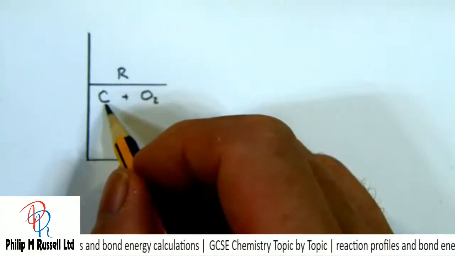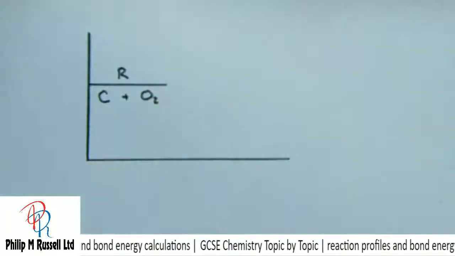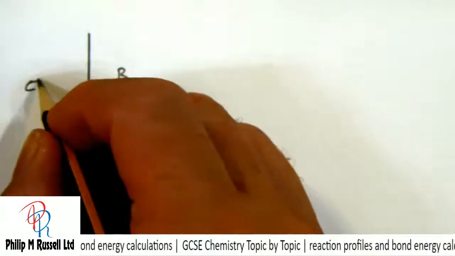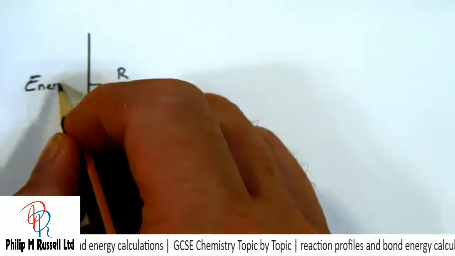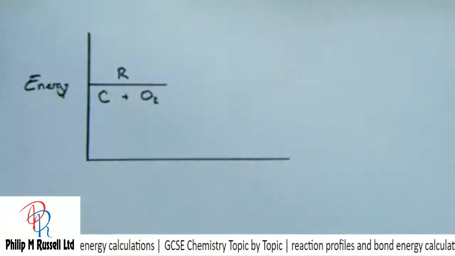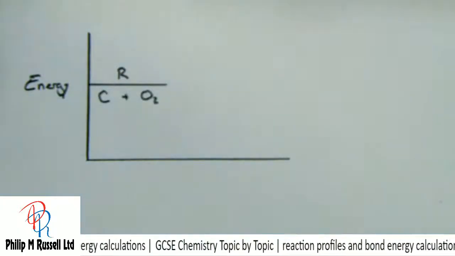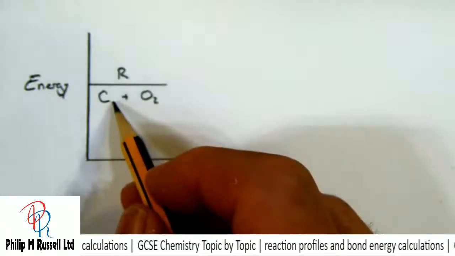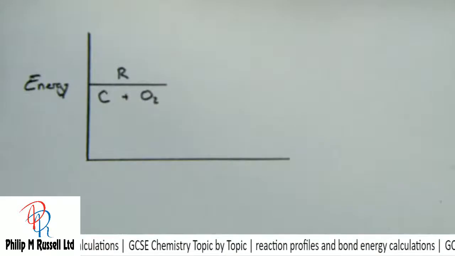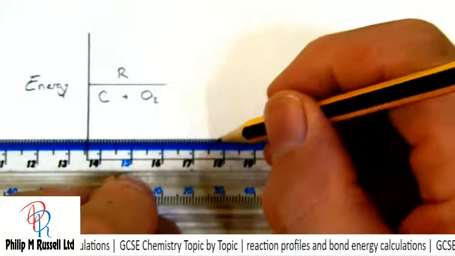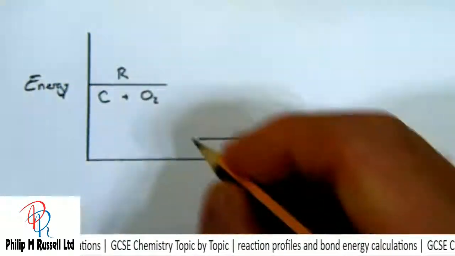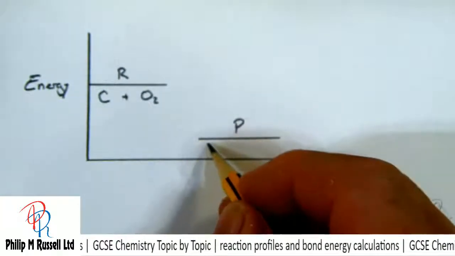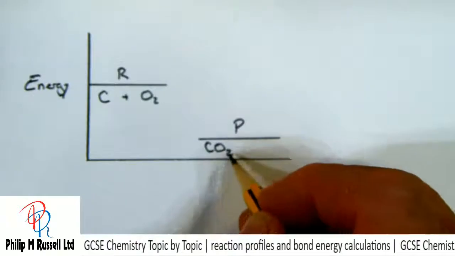This is charcoal, this is oxygen from the air, and I'm going to do my classic barbecue. Now, if any of you have ever tried to get a barbecue going, you'll know that you don't put the charcoal in and put the oxygen in, and suddenly out comes lots of energy to make our products, which are in this case carbon dioxide.